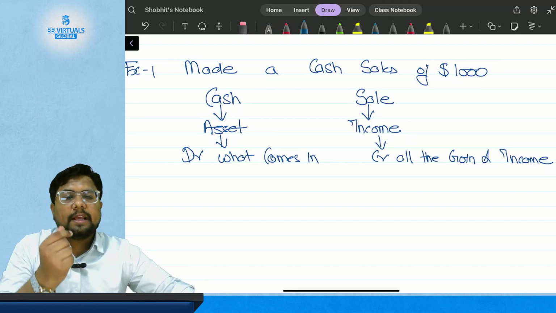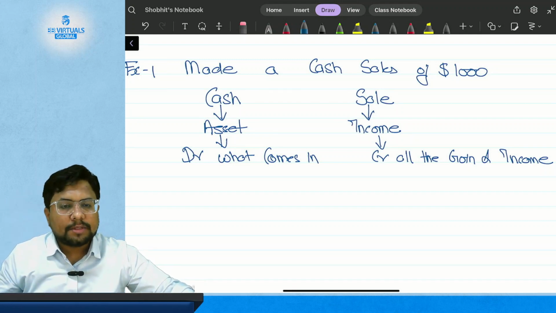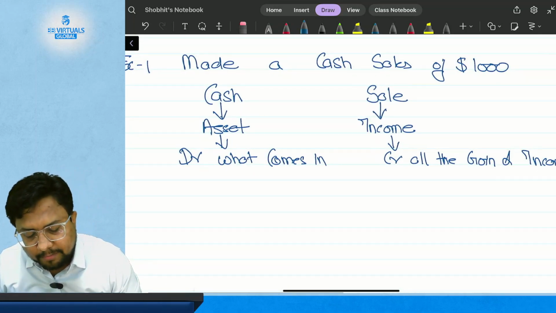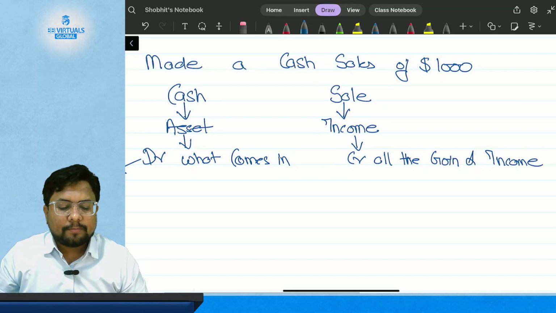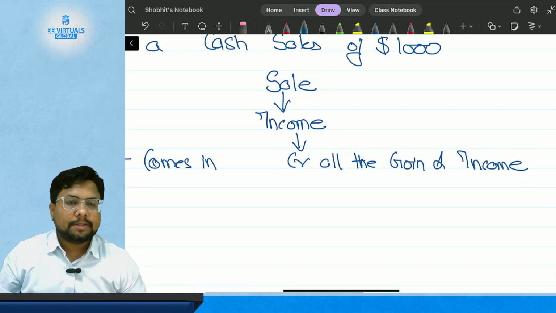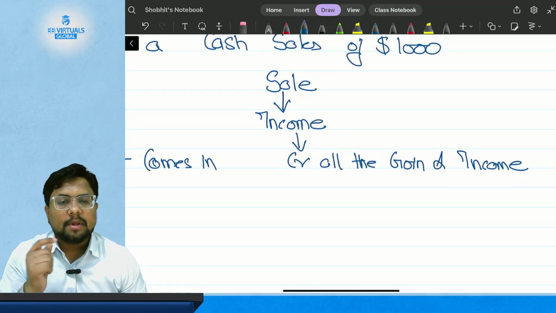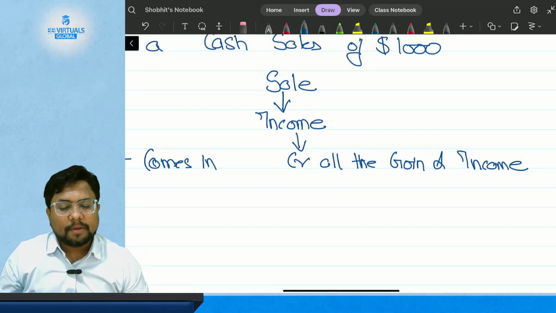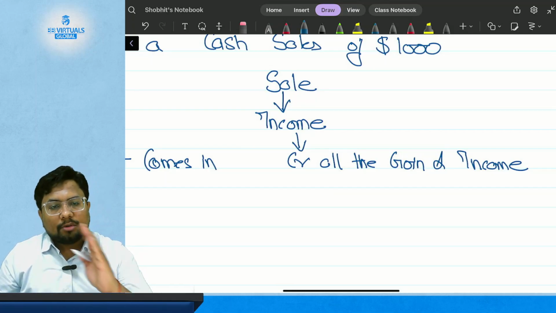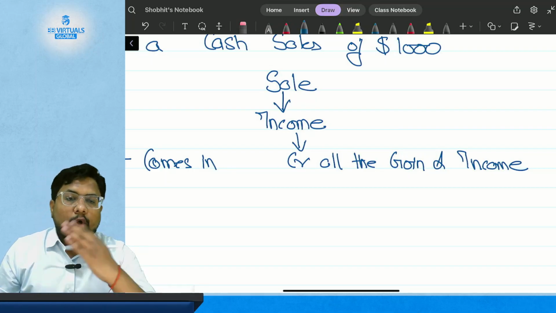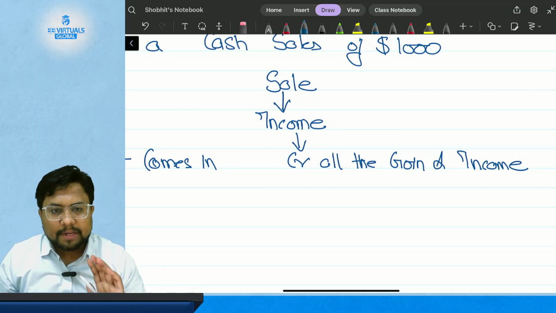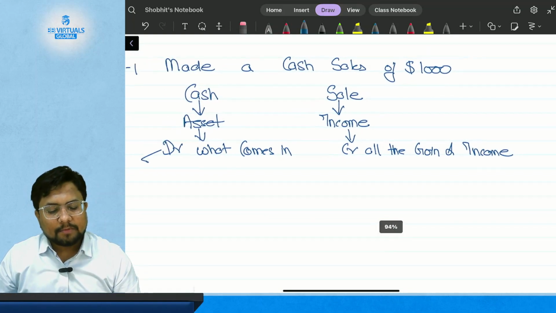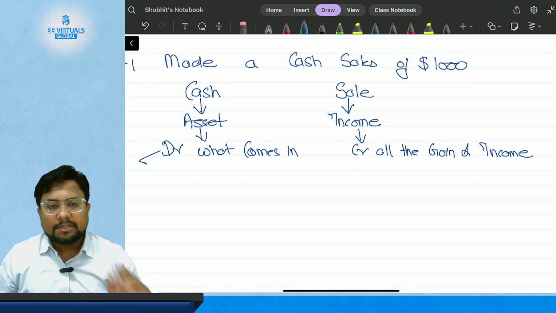Asset deals with real account, and the rule is debit what comes in, credit what goes out, so debit what comes in. Then for the other element, sale is an income, and the nominal account deals with income. The rule is debit all the losses and expenditure and credit all the income and gains. So these are the two elements and these are the rules.